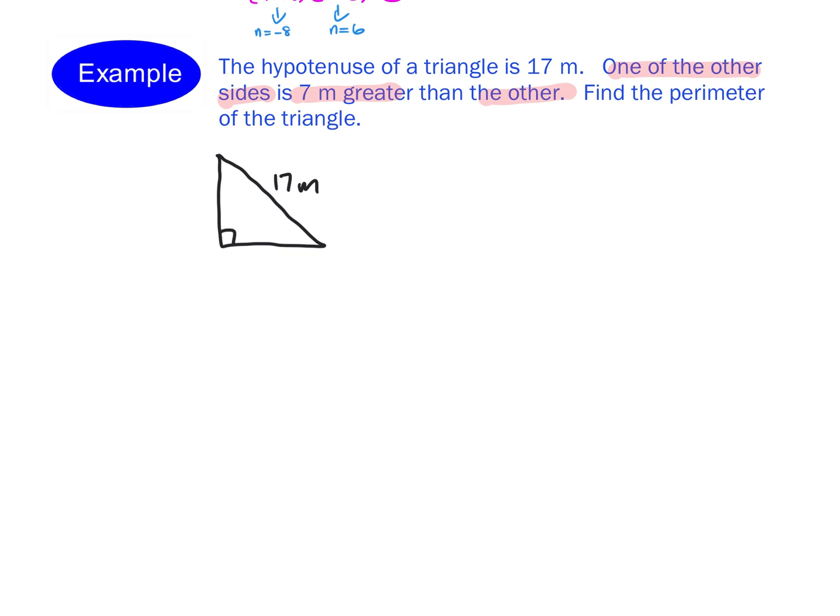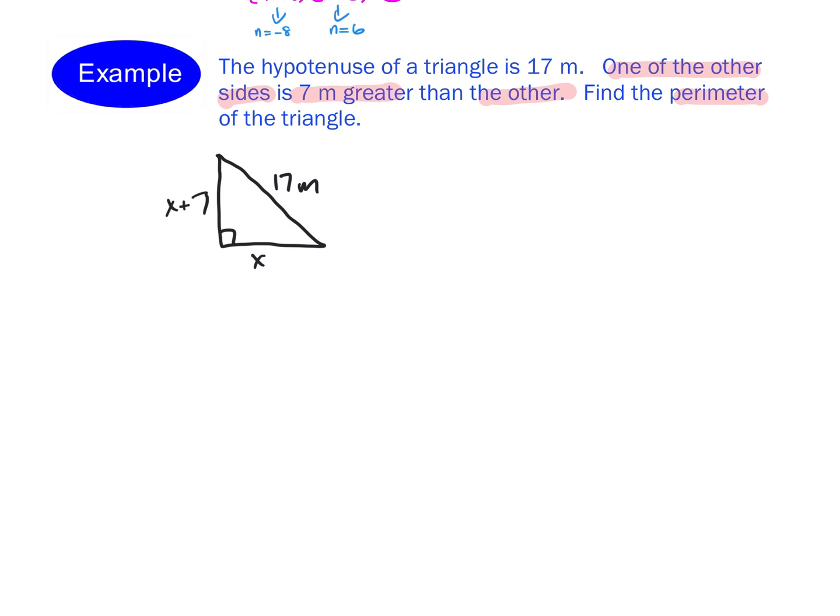So we could call this x if we wish. And the other side is 7 more than that, so that's x plus 7. And we are tasked with finding the perimeter. So to find the perimeter, well, we need to know all the sides of the triangle first. Okay, so what can we do with the sides of a right triangle?